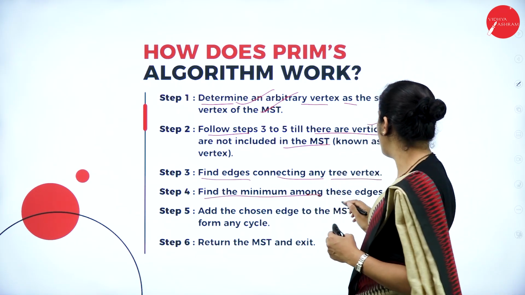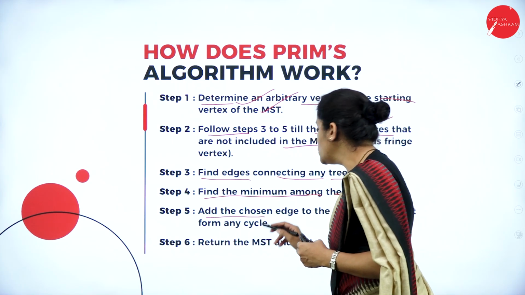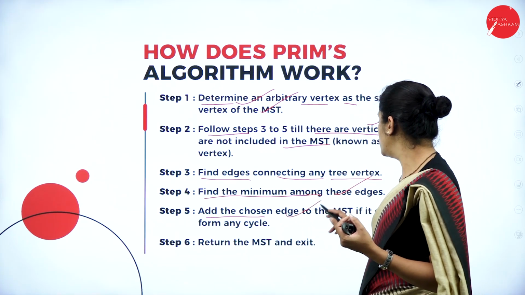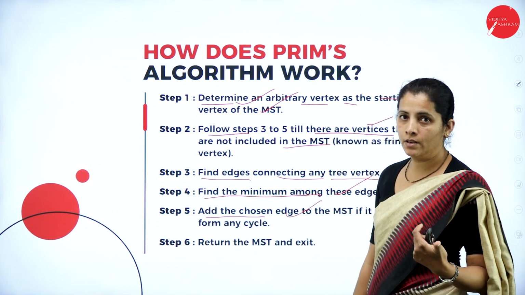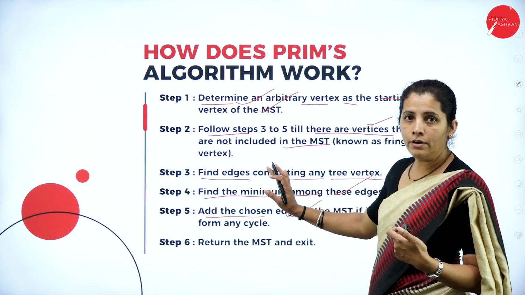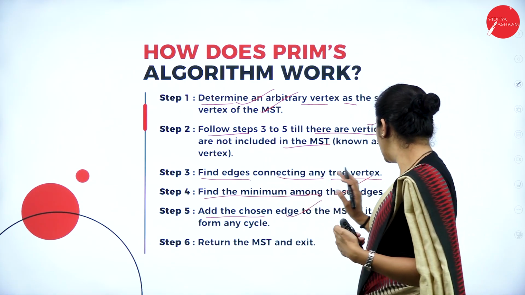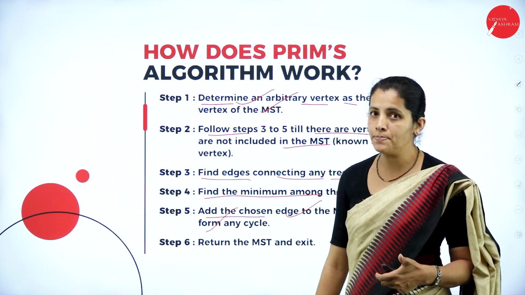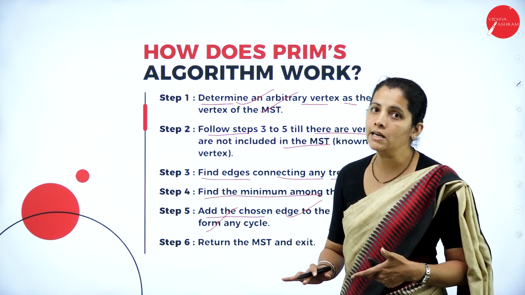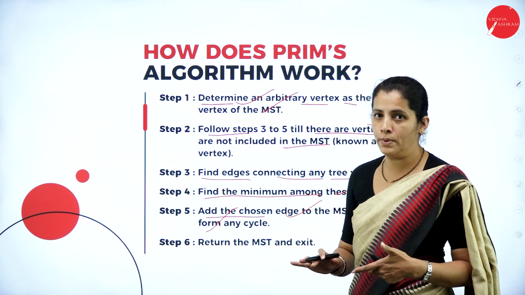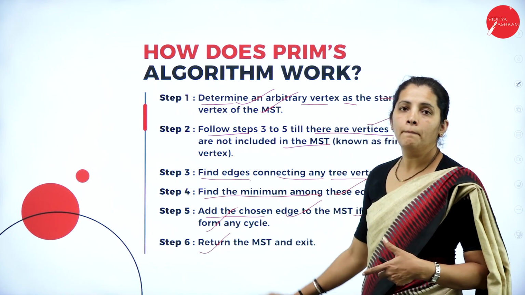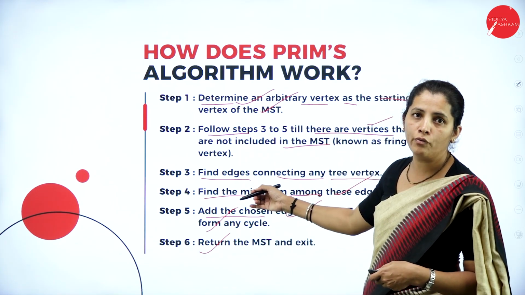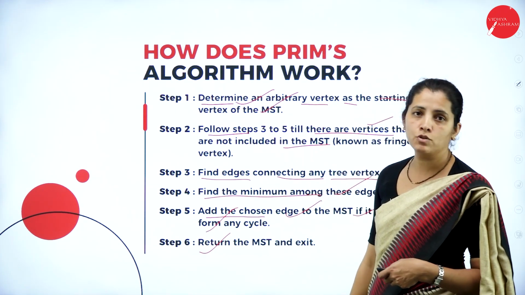Then add the chosen edge to the minimum spanning tree, if it does not form any cycle. In my spanning tree, I cannot have a cycle or any looping. Return the minimum spanning tree and exit. So these are the steps I want to follow while applying Prim's algorithm.